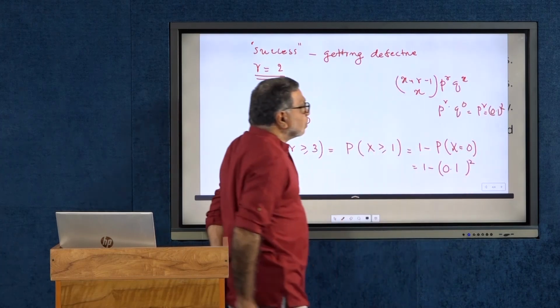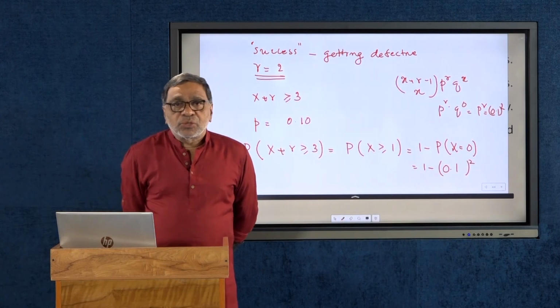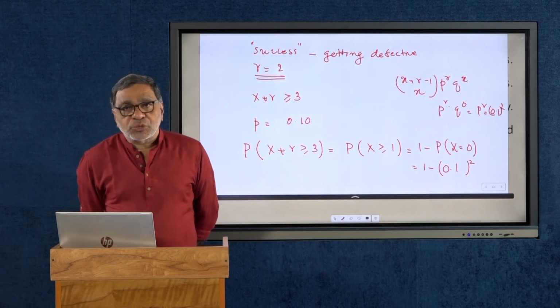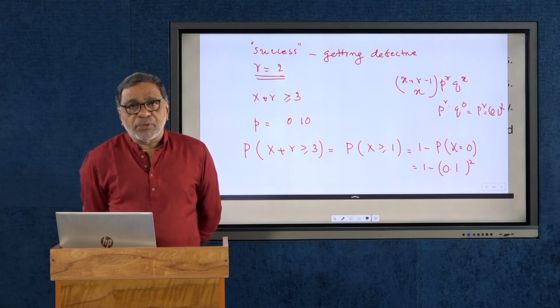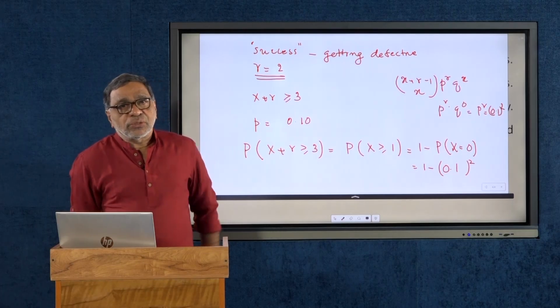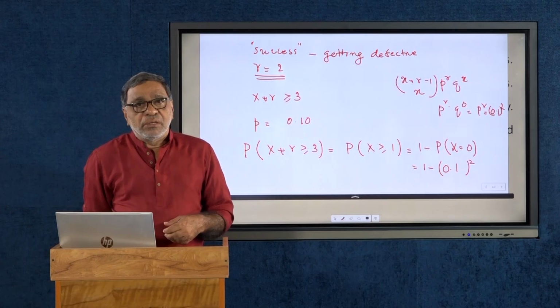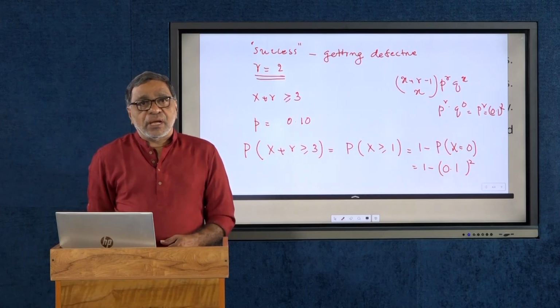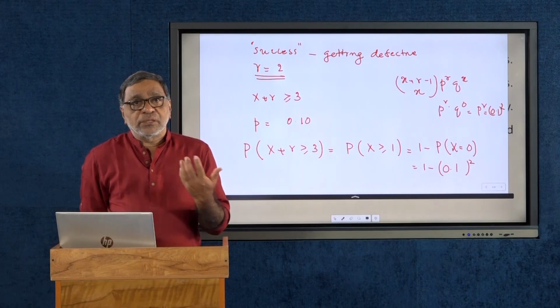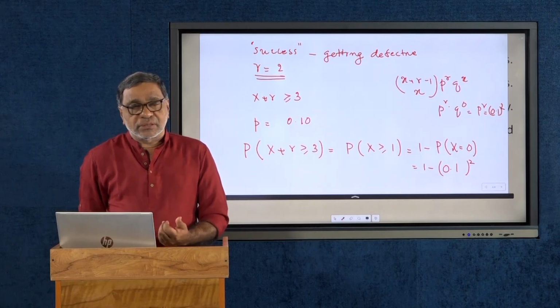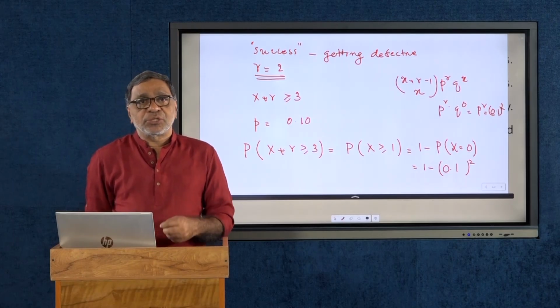So, this is the value. So, 1 minus 0.1 the whole square is the probability of x greater or equal to 1 using the negative binomial probability mass function. So, we are verifying at least 3 items in order to get r number of successes, and r is fixed here as 2.